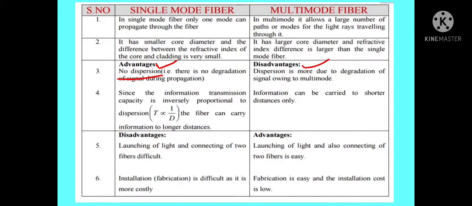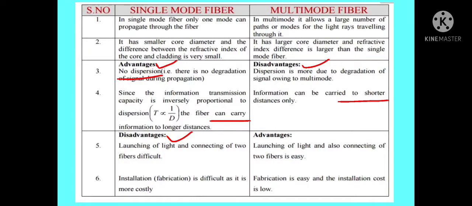Next advantage of single mode fiber is that it can carry the information to longer distances, and in case of multimode, the information can be carried to a shorter distance as compared to single mode. So this is a disadvantage. If we discuss the disadvantage of single mode, then we can say launching of light and connecting of two fibers is a tough and difficult job.